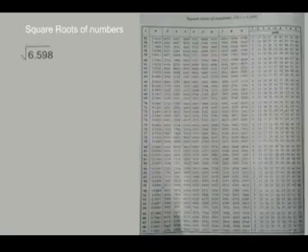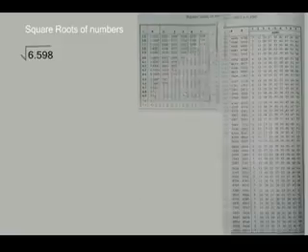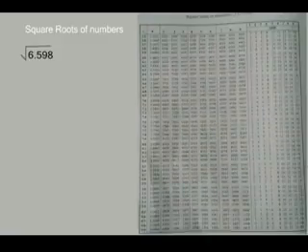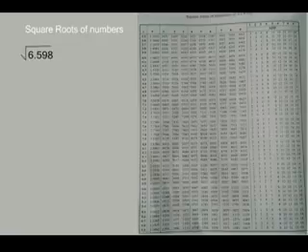For example, the square root of 6.598. Here we use the tables of numbers between 1 and 9.99. 6.5 is here. If you look at the column of 0, the figure is 2.5495. But looking at the columns of 1, 2, 3 up to 9, there is no decimal indicated. What that means is that all the numbers in this row start with 2 points, even though it's not written.